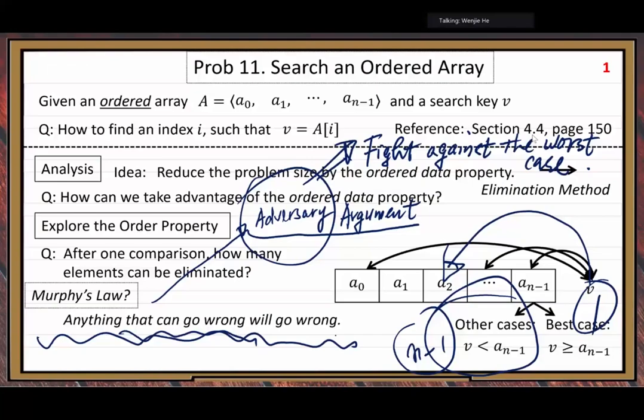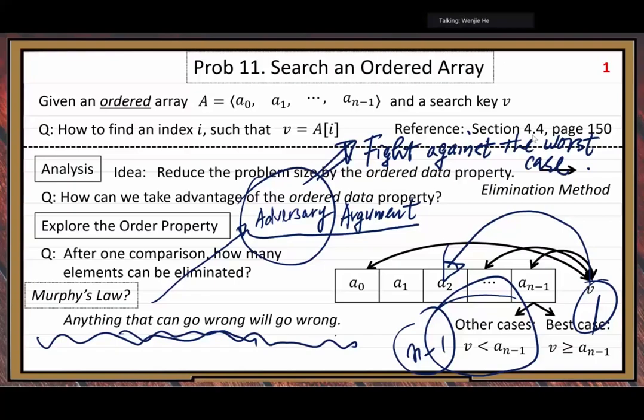Why? Because when the adversary picks the larger one, either one has similar size, right? So in that way, the adversary cannot make our option much worse.